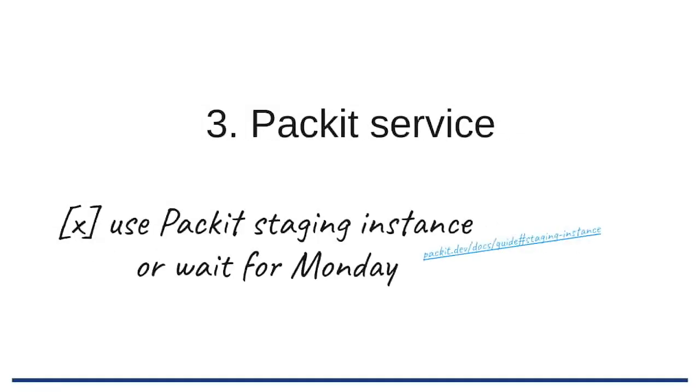And also you need to use our staging instance or just wait for Monday, because we release regularly every week. Usually the staging instance follows our main branches for all the projects, and we have stable branches for the production instance. And every Monday we move the branches.